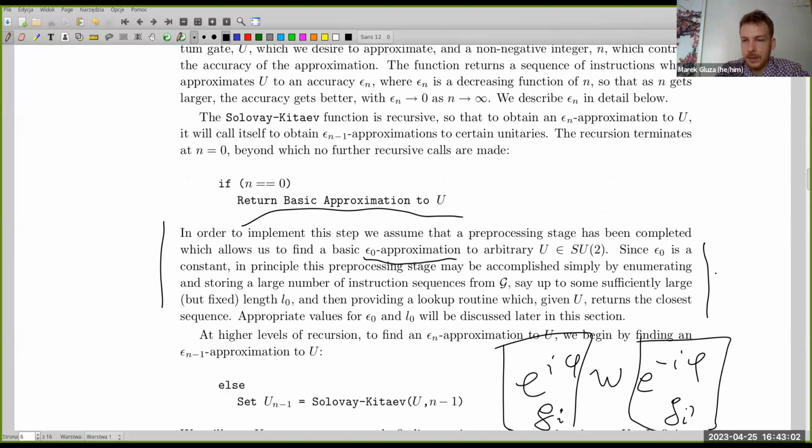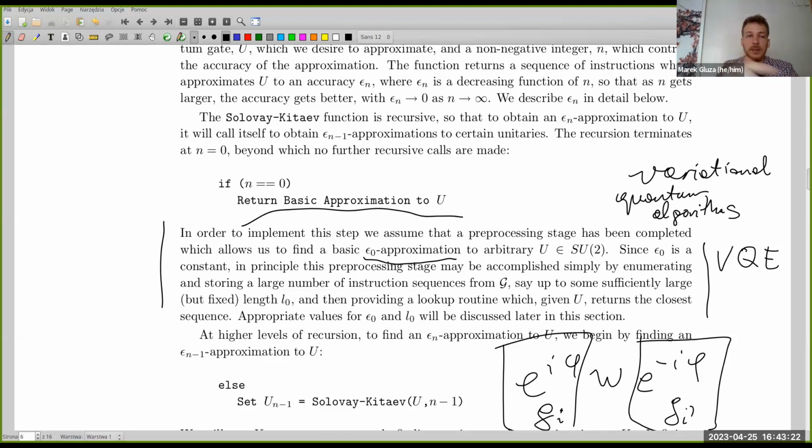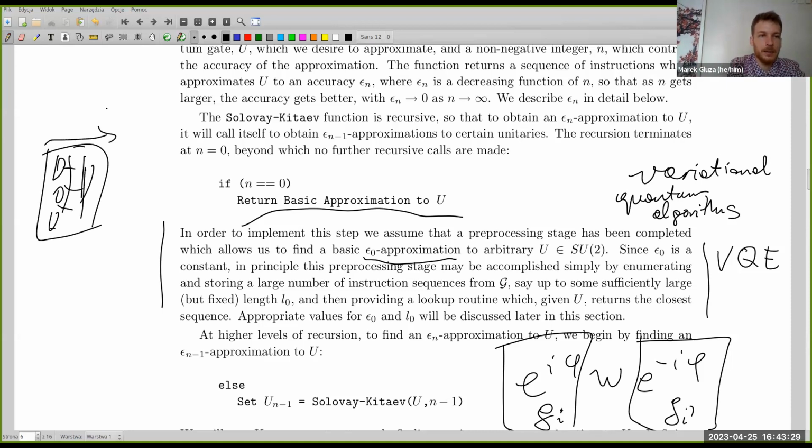Basically what they anticipate here is more or less a VQE, or variational quantum algorithms. Basically, by brute force, consider all circuits out of my small gates and then some CNOTs and so on, up to level L0.